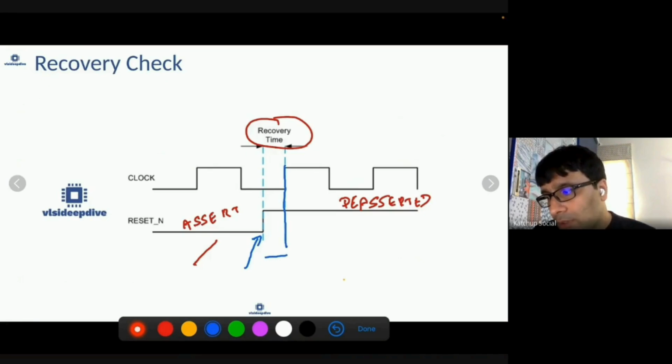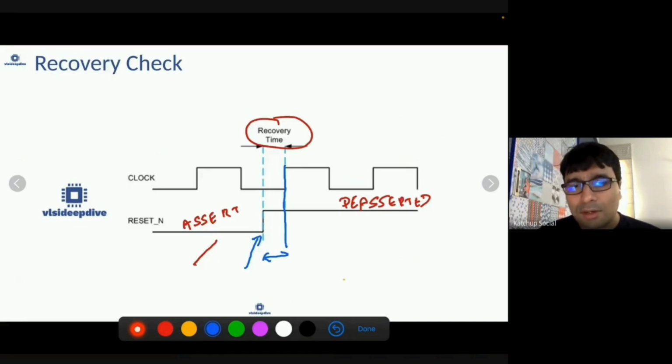It should happen sometime before the clock edge, and that time is the recovery time requirement. That time requirement is given by the logical library of your flop, and is known as recovery time, similar to setup time.